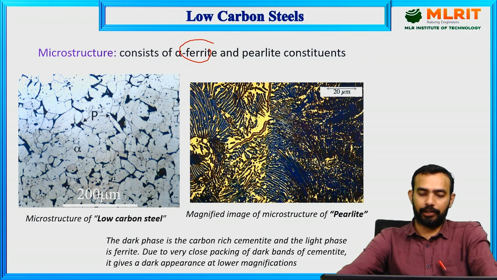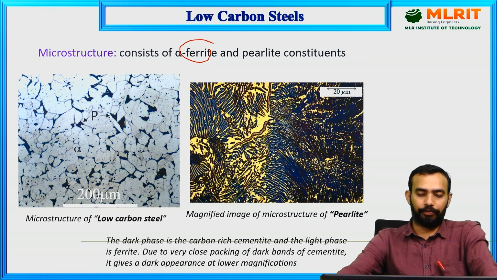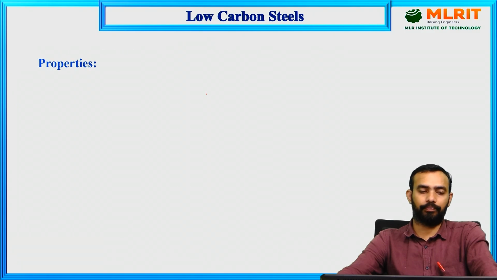So pearlite is considered to have alternating layers of ferrite and cementite. The dark phase, if you magnify and look at it, this is a pearlite, and the dark phase is the carbon-rich cementite, and within this, the bright phase indicates the ferrite. So this is the microstructure of low carbon steel.